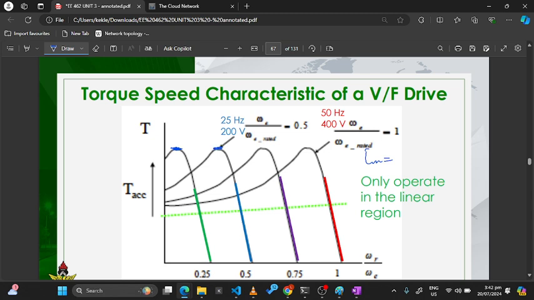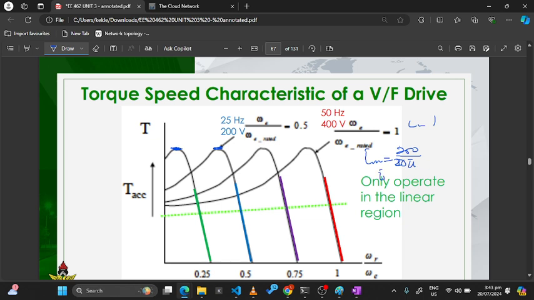So you can see, let's take this and this. This is when you are using 25 hertz, 200 volts. So let's assume LM is 1. Then Im here will be Vm, so let's assume Vm is equal to Vs. So this will be 200 divided by 50 pi, right?